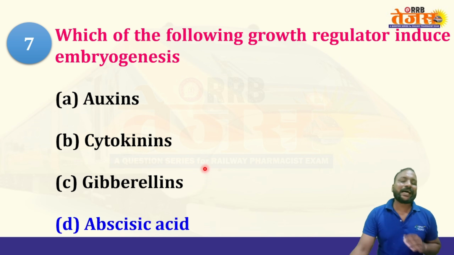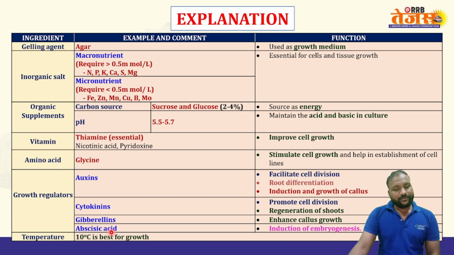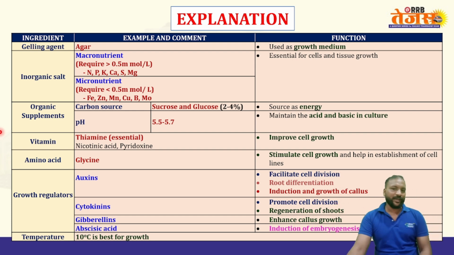Option D, abscisic acid, will induce embryogenesis. So you can see here abscisic acid induces embryogenesis. The other plant hormones have different functions based on cell growth, cell division, shoot regeneration, and callus growth. Do you remember the functions of plant hormones?